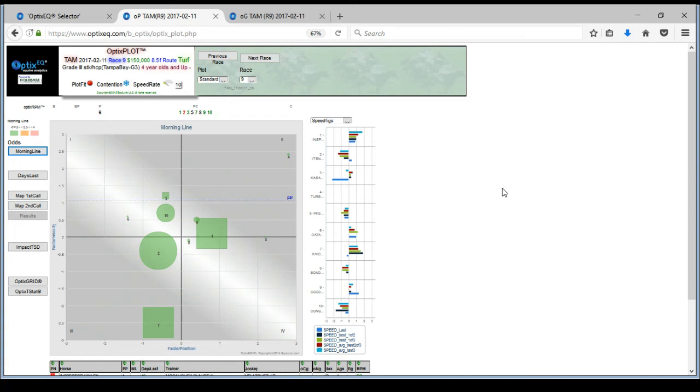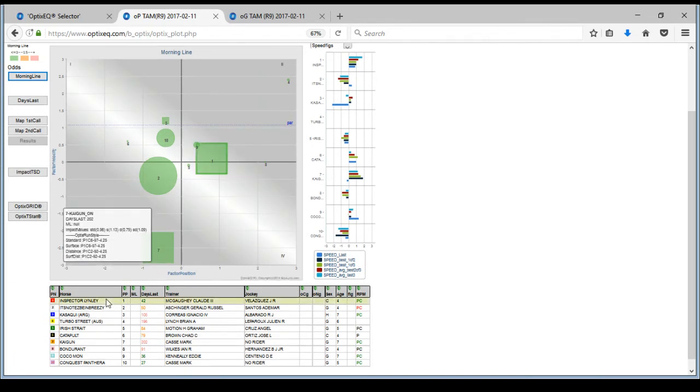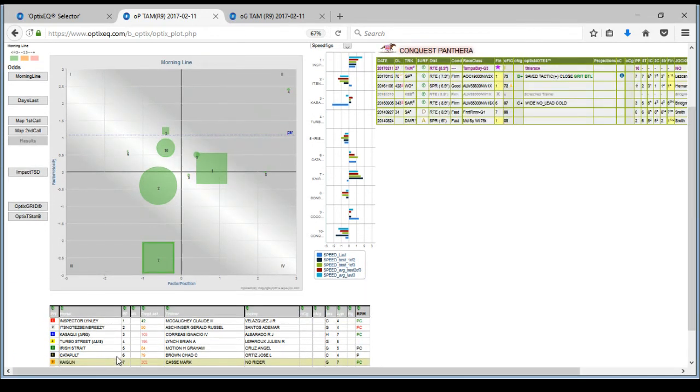Now we're looking at this pace scenario and at the 10, because we go back to that note. No, a better way I can pull this up: if you just double click on the horse's name in the plot, the PPs will show up. Instead of switching back and forth, sometimes that's helpful if you just want to look at something real quick. Hard held inside, jock doing a good job rating his speed.